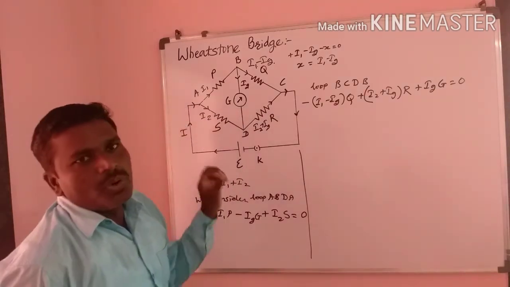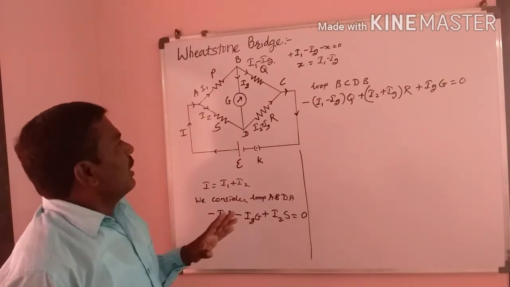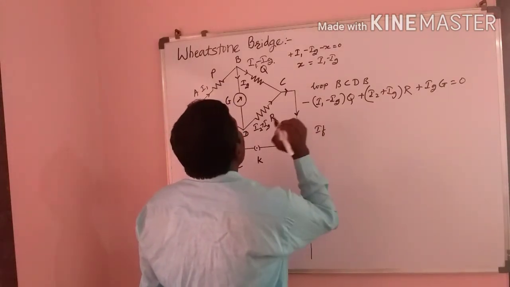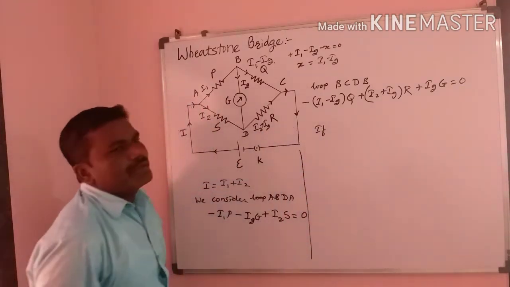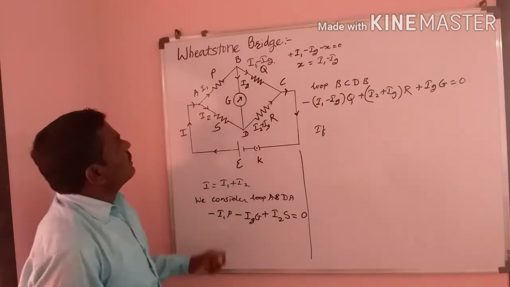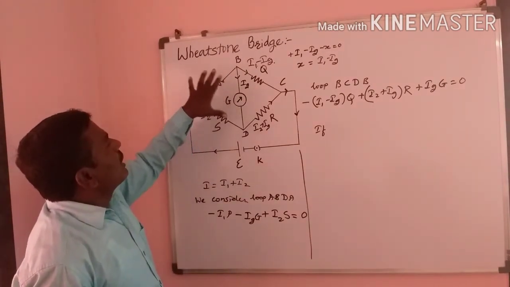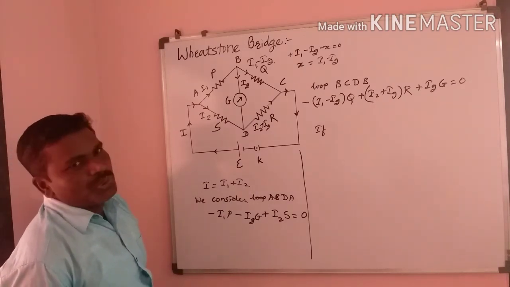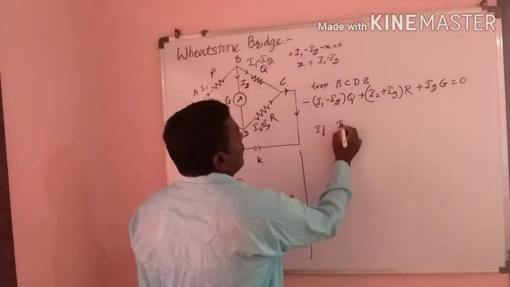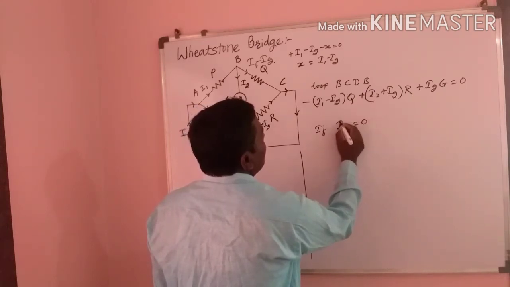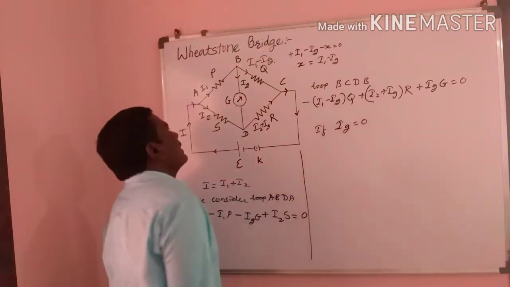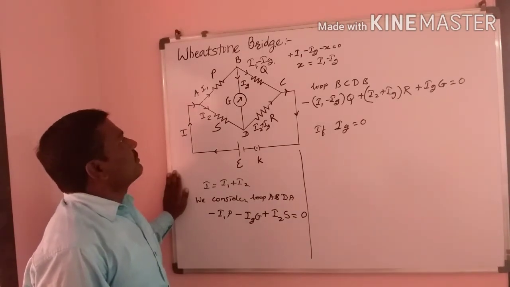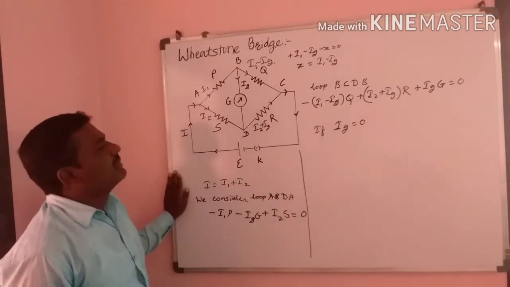When the current flowing through the galvanometer is equal to 0, that is Ig equal to 0, we can say that the Wheatstone bridge circuit is balanced.